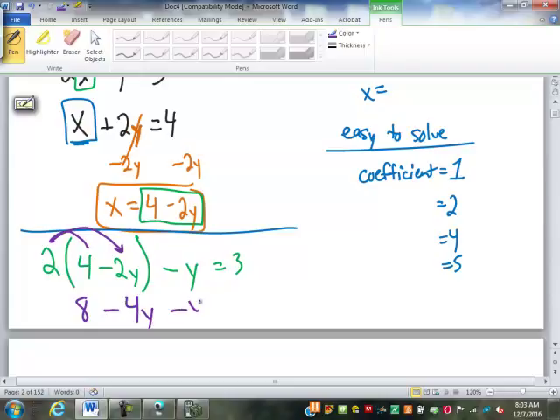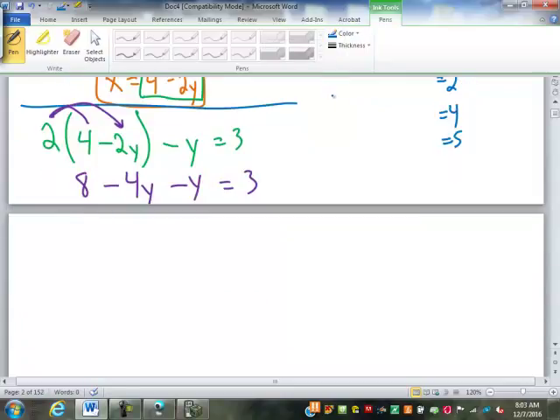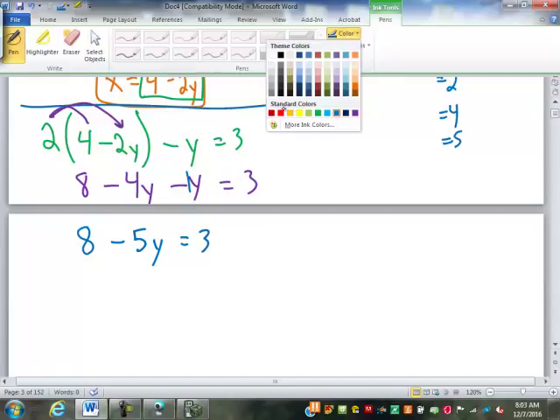Then we still have the minus y there, and equals 3. Now, is there anything we can combine here? We got negative 4y and minus y. Think of that as a minus 1y. That makes negative 5y equals 3. Then what?